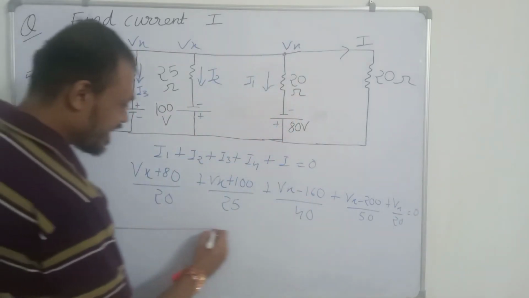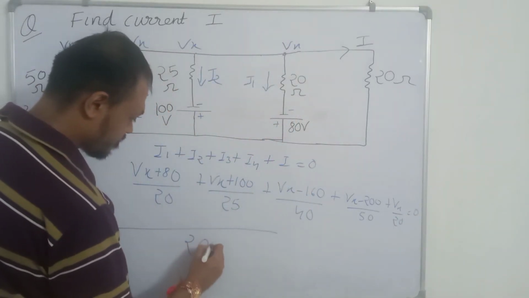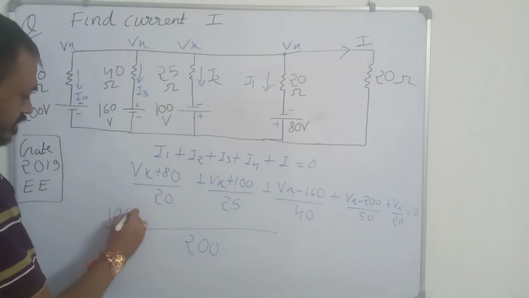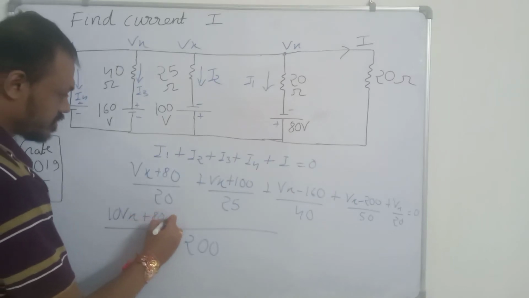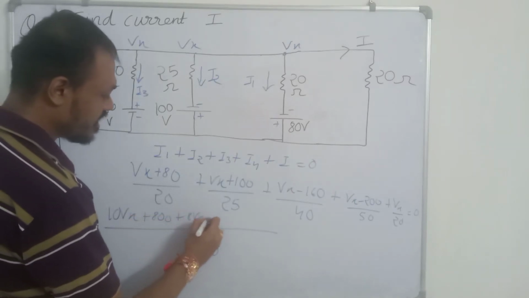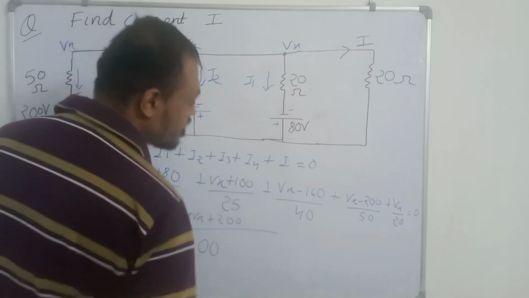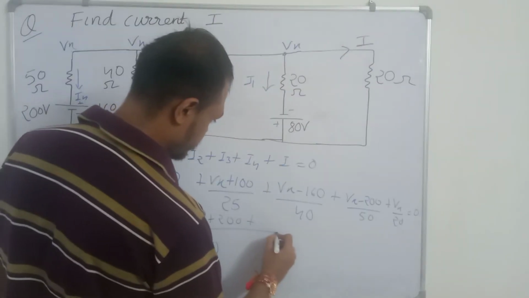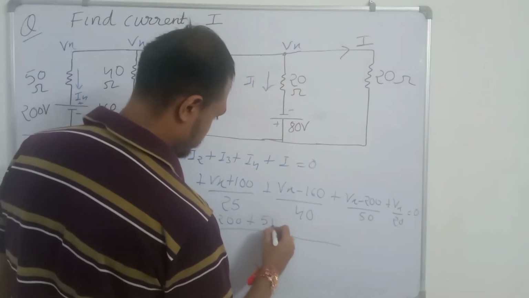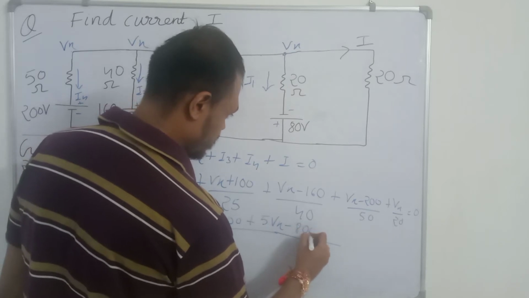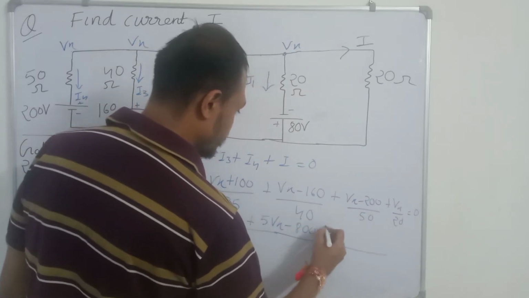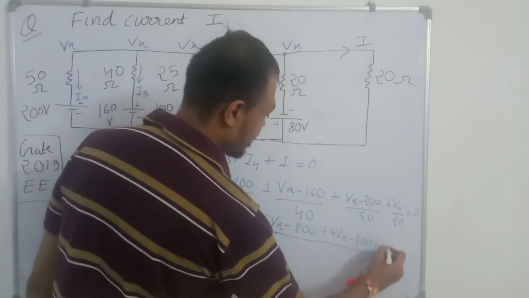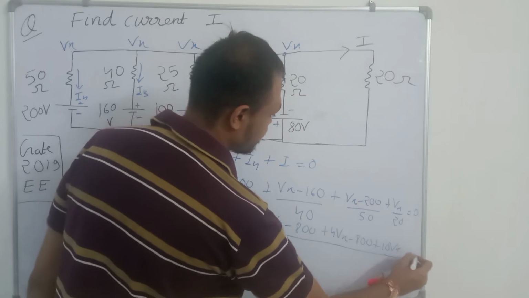So we can solve it by taking the LCM as 200. So this will be 10 Vx plus 800, plus 8 Vx plus 800, plus 5 Vx minus 800, plus 4 Vx minus 800, plus 10 Vx, and this is equal to 0.